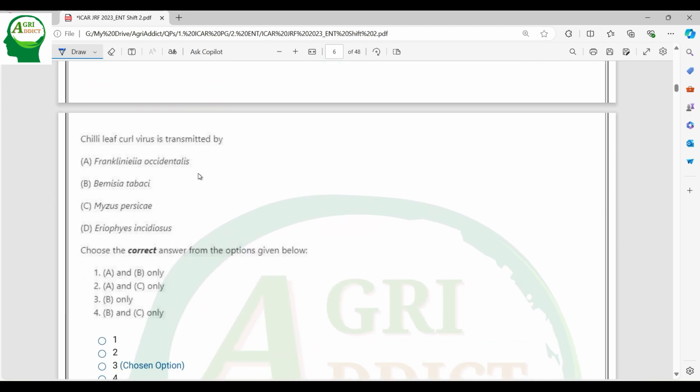Then next question: chili leaf curl virus is transmitted by, a very easy question, that is whitefly or Bemisia tabaci. So this question is also some sort of confusing question. In many of the books you can find thrips; in the 2021 or 22 A4 paper also this chili leaf curl virus was there and the answer was thrips.